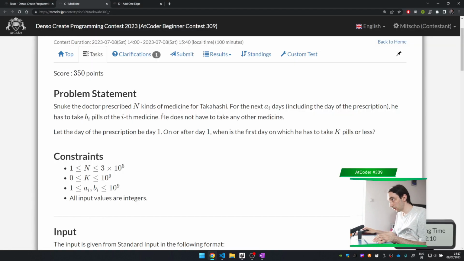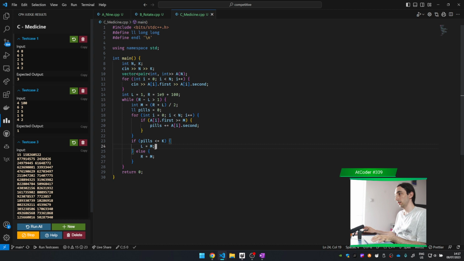Or smaller or equal. First day, so yeah, I'm searching for the least day. If it's smaller than or equal to K at m, then it means that this is possible. So if it's bigger than, it means that this is possible.